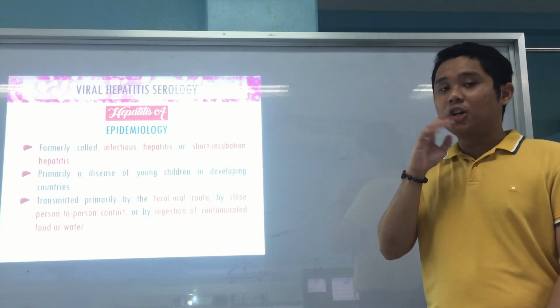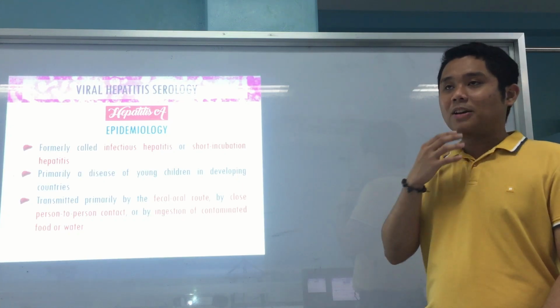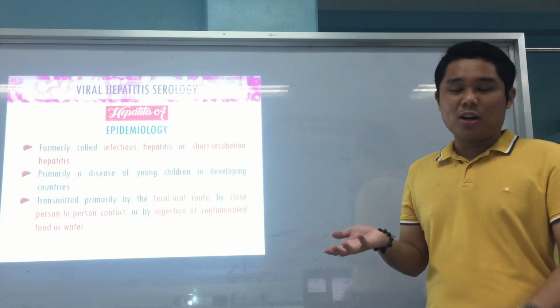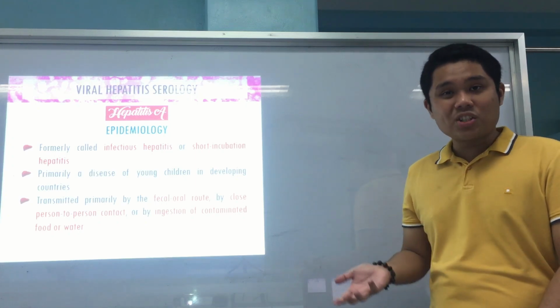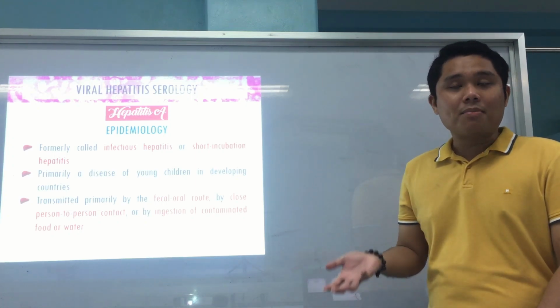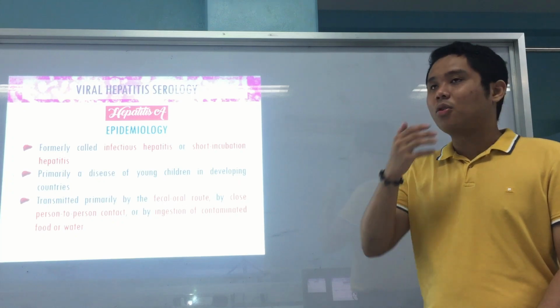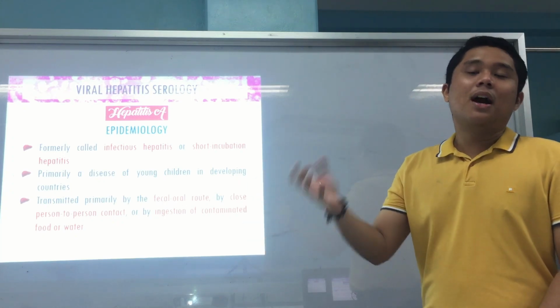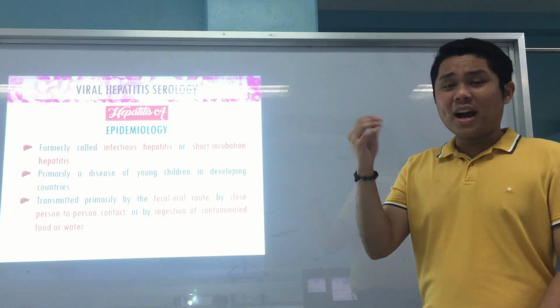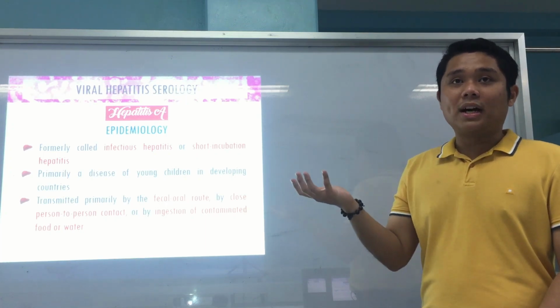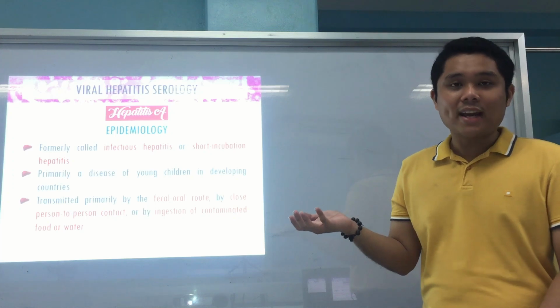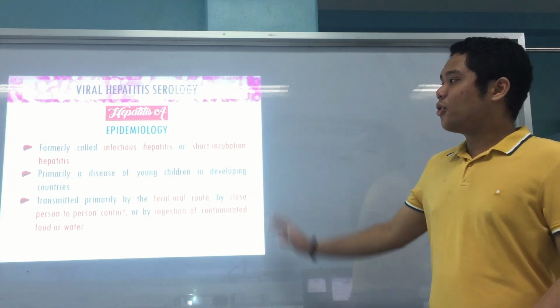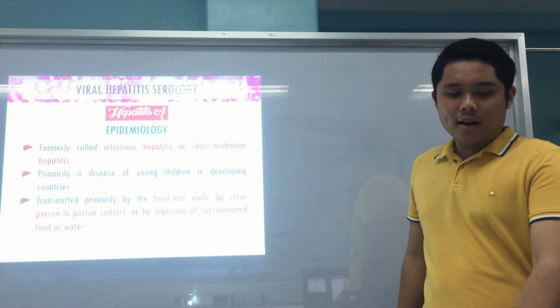That's why children are much more vulnerable, especially in developing countries, because developing countries usually have poor sanitation, improper waste disposal and all that. Therefore, the chances of having contaminated food and water are high, so developing countries are much more prone to this disease. Again, mode of transmission is the fecal-oral route.